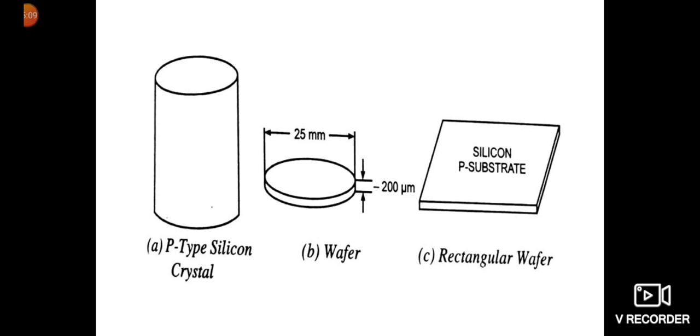Here are some pictures. You can see in figure A the silicon crystal or ingot. In figure B, you can see the silicon wafer after cutting the ingot, and in figure C, the P-type rectangular substrate cut out from the wafer.